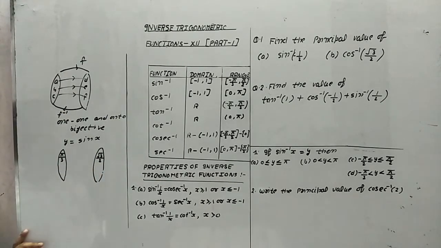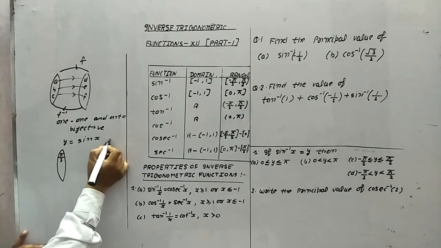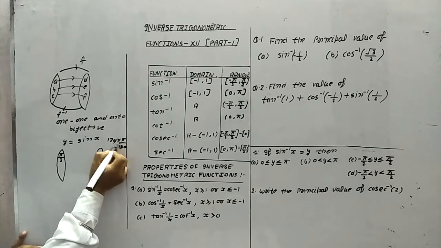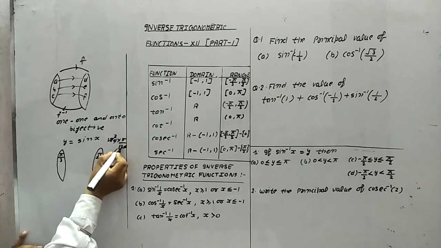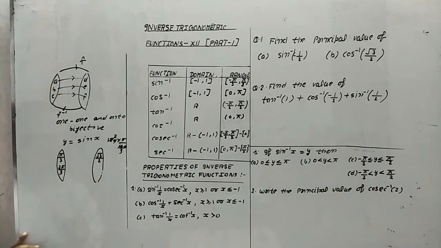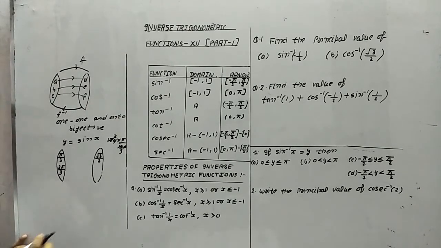Root 3 by 2. Okay, and if I take 120, 120 means, you know very well, pi upon 180, it means 2 pi by 3.